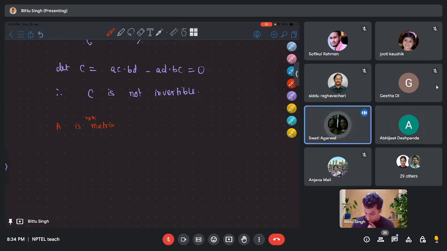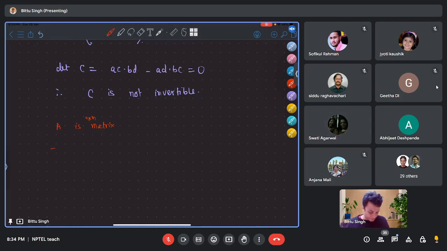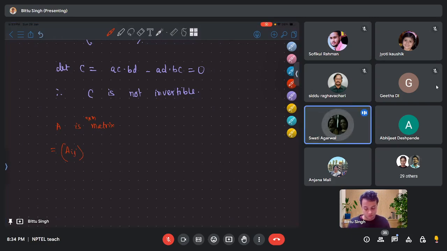Aij means entries of the matrix, the coefficients.